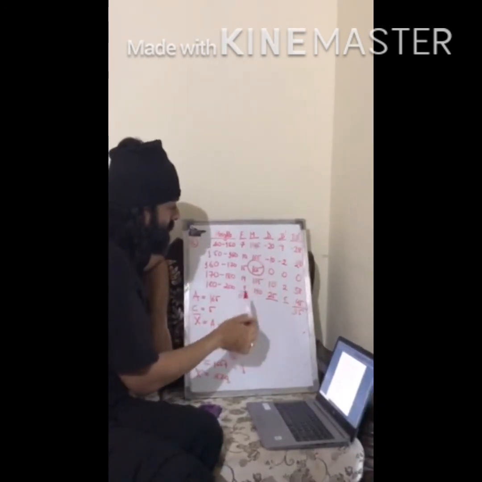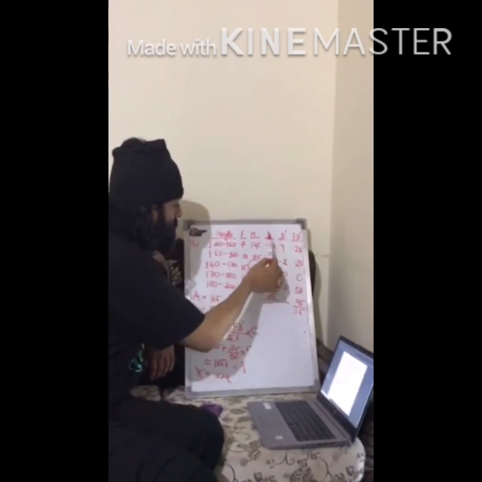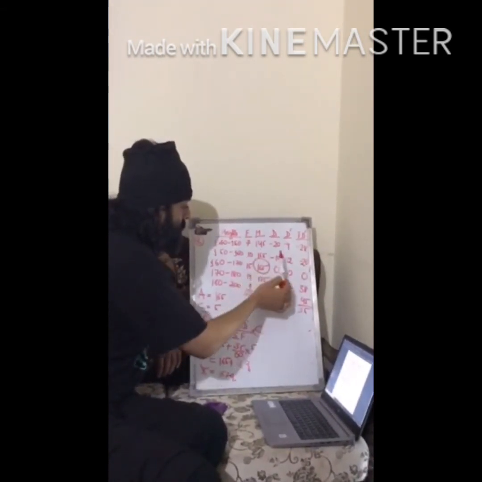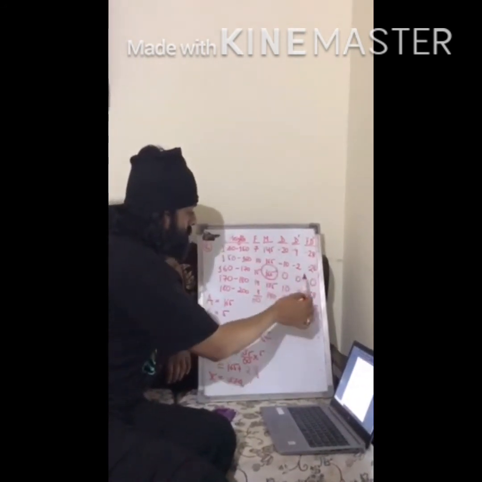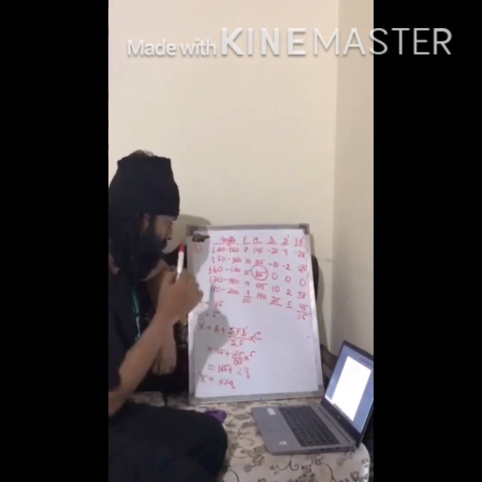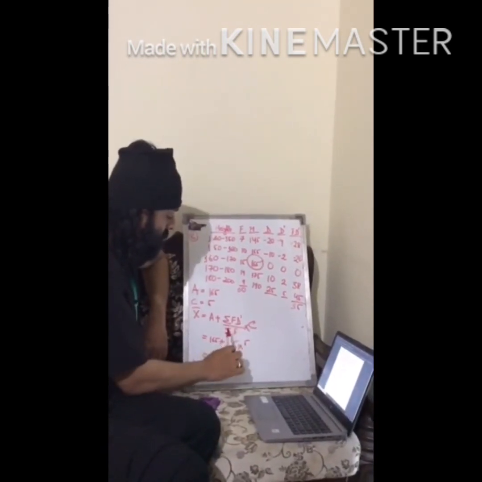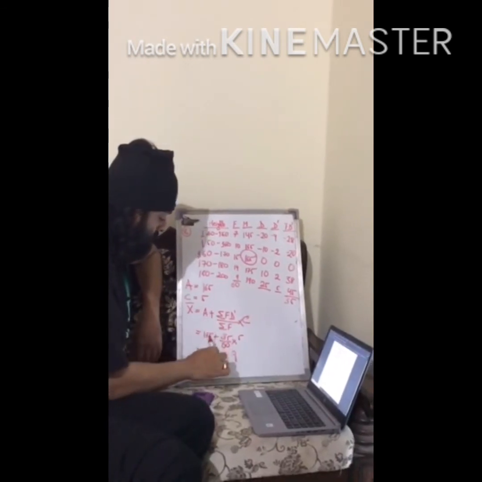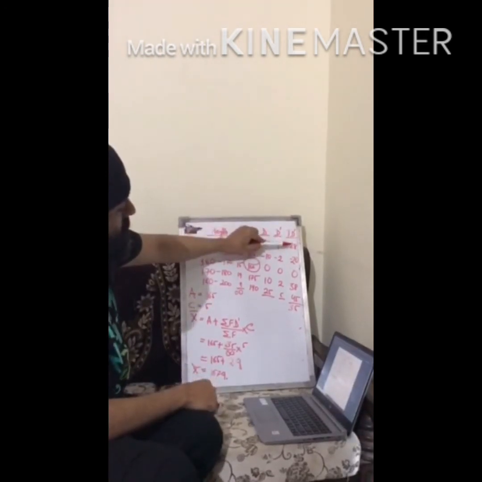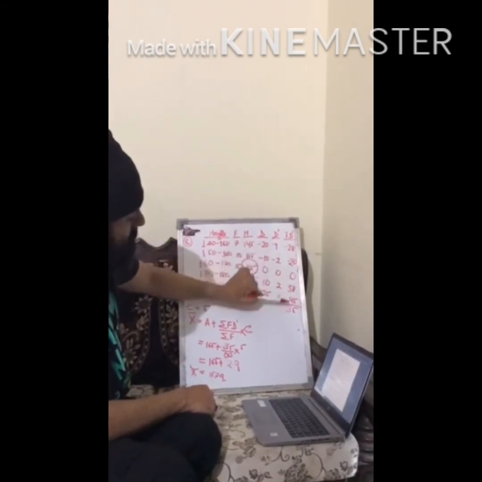Finally, we multiply the step deviation, the d dash, by the frequency. 7 multiplied by minus 4 is equal to minus 28, 10 multiplied by minus 2 is equal to minus 20, and so on and so forth. Okay, the actual mean: 165 is the assumed mean. The actual mean is given by A plus summation of f d dash divided by summation of f, multiplied by C. A is 165 plus the summation of f d dash, minus 28 plus minus 20 plus 0 plus 38 plus 45, is equal to 35.